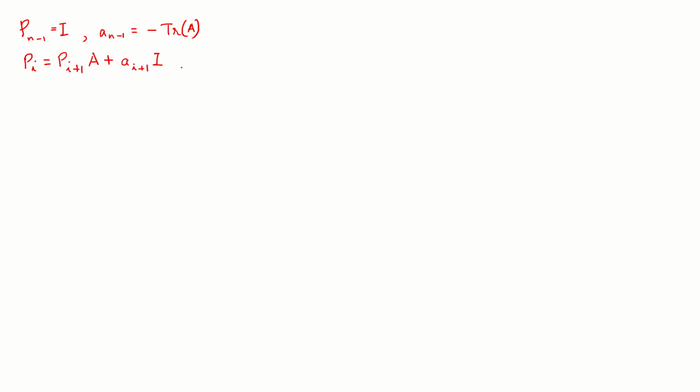Then Ai would be equals to minus 1 by n minus i trace of Pi A. This Pi you have already calculated here.